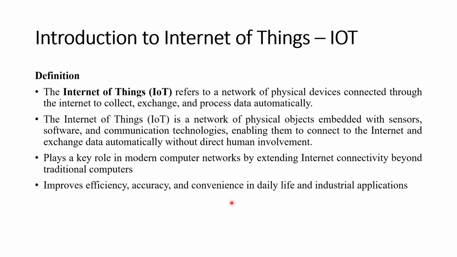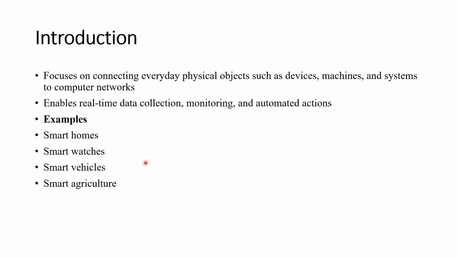Okay, so this plays a key role in modern networks. Internet of Things is a very common thing that we are using here, so that improves efficiency, accuracy, convenience in daily life. Next one, introduction. It mainly focuses on connecting everyday physical objects such as devices, machines, and systems to the computer networks.